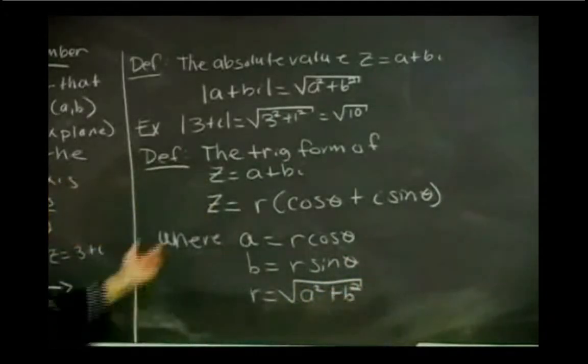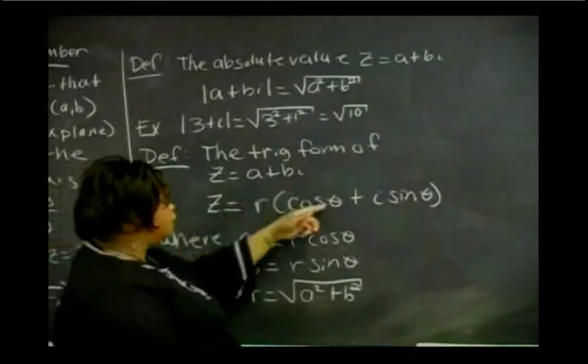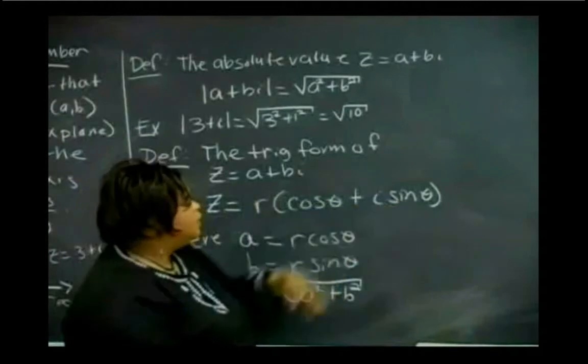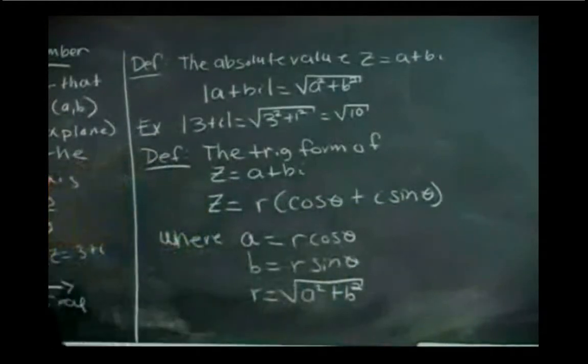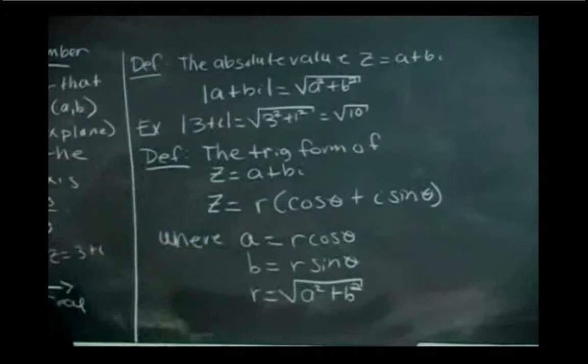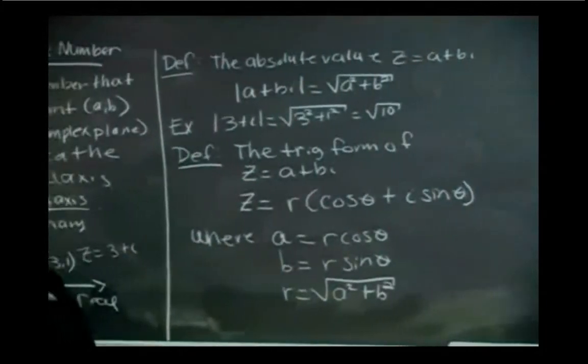Okay? Because if we distribute this, we will have R cosine theta, which is A, and R sine theta, which is B, I. So that's the trigonometric form, and R is the absolute value of that complex number.